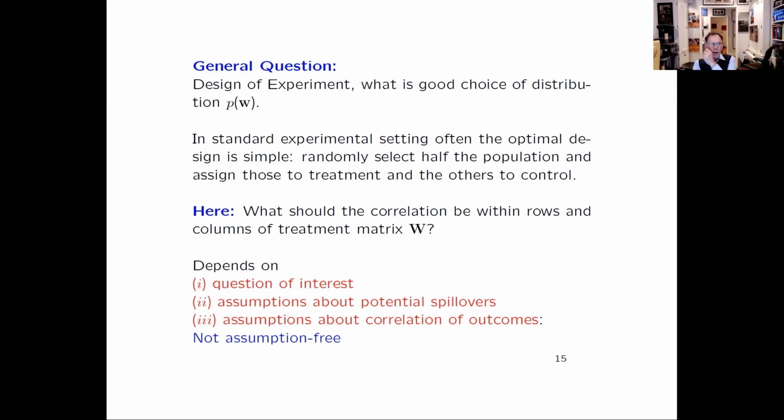And exactly what the optimal design is going to depend on 3 things. The question of interest, whether we're directly interested in getting estimates of the spillovers or just the overall average effect of the treatment. It depends on what we think the nature of the spillovers is and what the correlation of outcomes is within rows and columns of the outcome matrix.